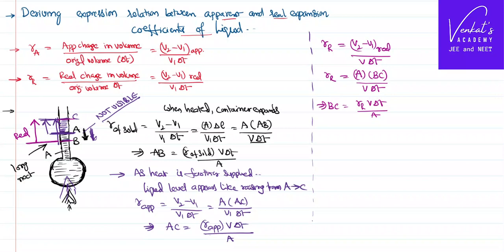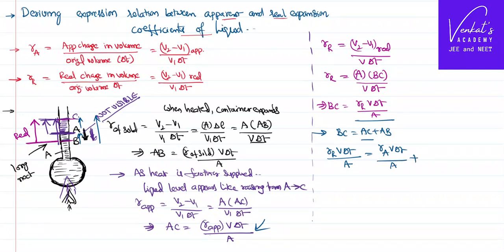But if you notice the diagram carefully, the total BC is the sum of AC and AB. BC is AC plus AB. I know the value of BC already, gamma R into V into delta T by A. I know the value of AC, gamma apparent into V into delta T by area of cross section.